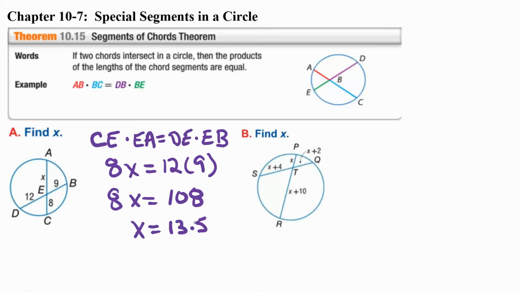In problem B, we would do x times x plus 10 equals x plus 4 times x plus 2.